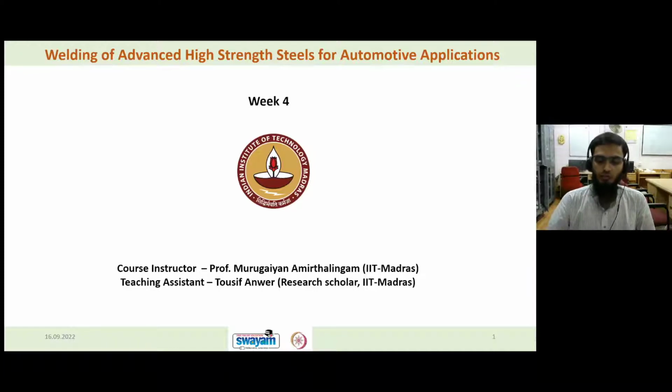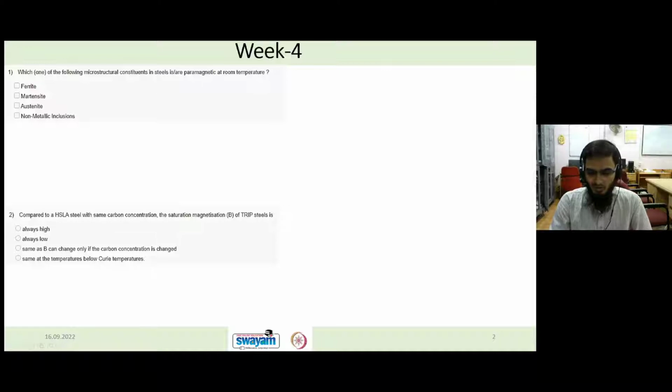Now we will move to problem solving, some sample problems from the content of week 4. The first question is on your screen, which says: which of the following microstructural constituents in the steels is or are paramagnetic at room temperature?